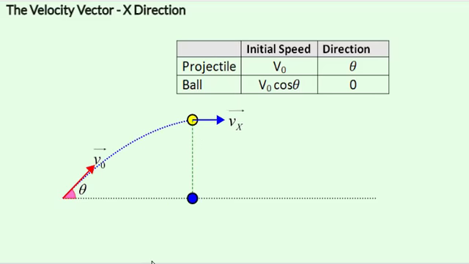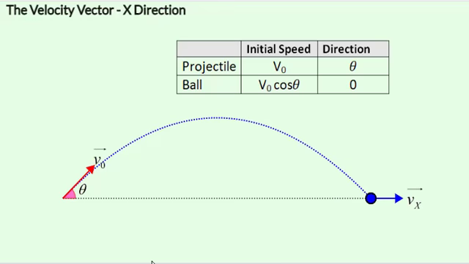We find that both balls cover the same displacement along the x-axis in the same amount of time. While the projectile is launched with a velocity of v0 at an angle of theta, the blue ball slides with a constant velocity of v0 cos theta horizontally.